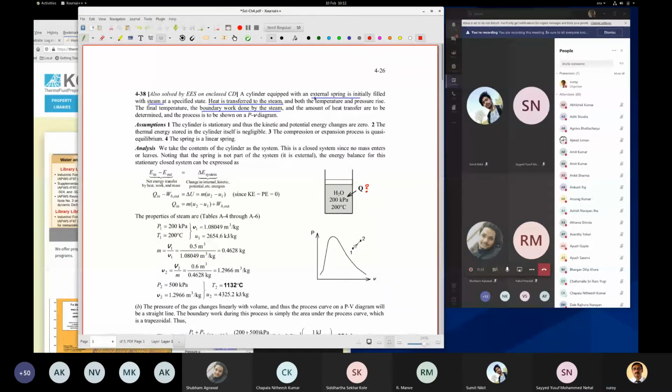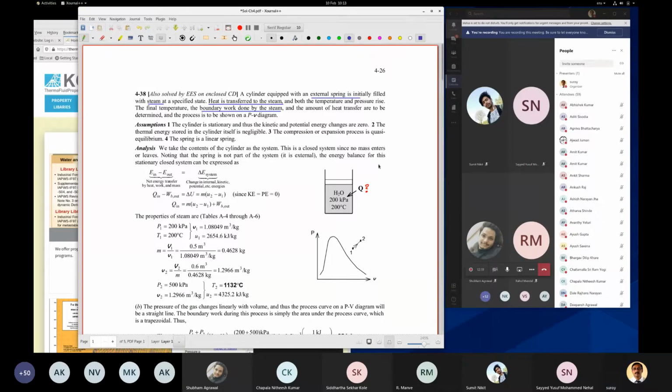If there is an external spring, whenever this volume expands, the spring will compress and the pressure will increase linearly, right? Because it's a spring.